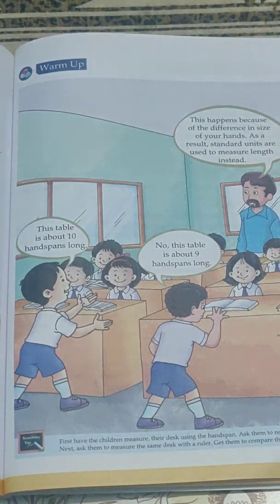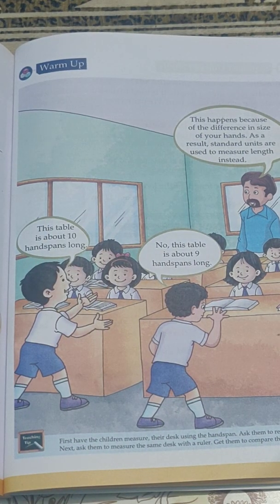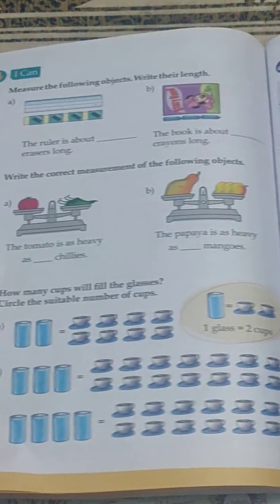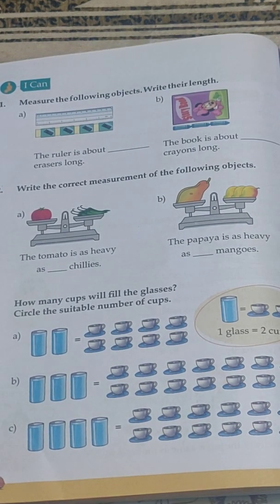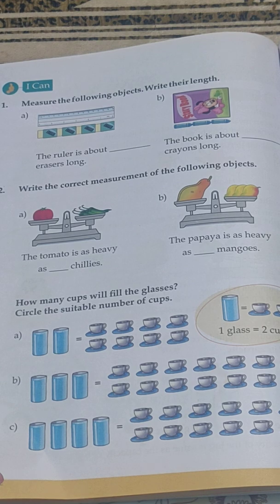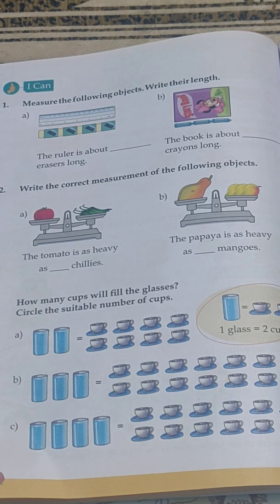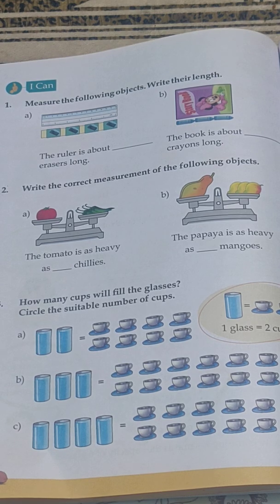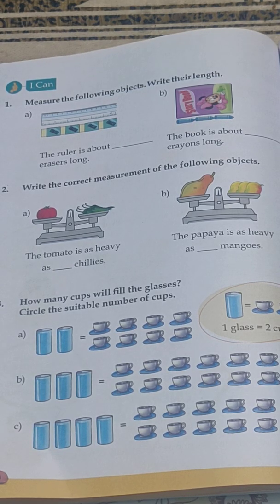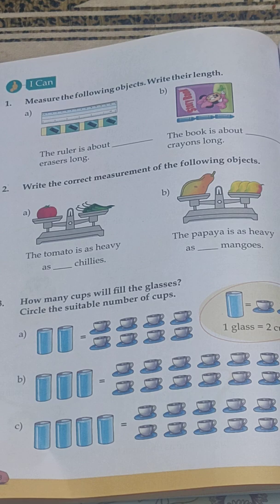Now turn over your page of your book to 128. Now see exercise number 1. Here we learn that we can measure the length of bigger objects with smaller objects.